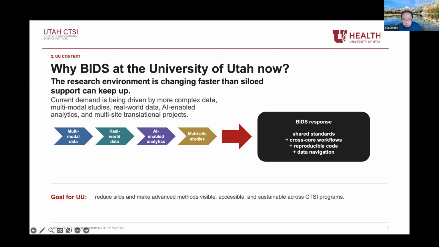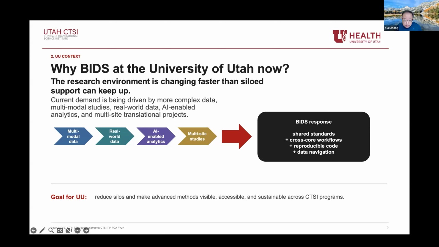Those projects often require expertise in data extraction, data quality assessment, harmonization, statistical design, computational workflow, and bias and fairness considerations and interpretation.